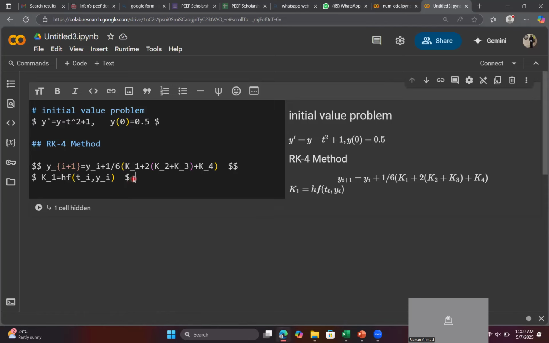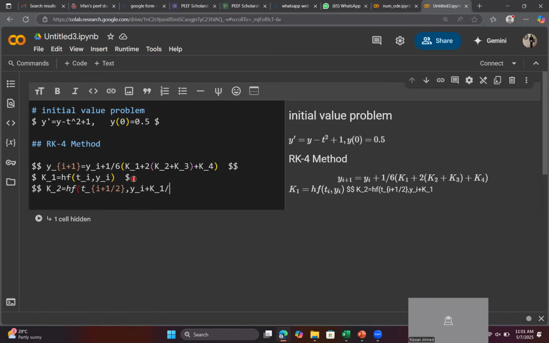Then the next k is calculated as k2, and this is a calculation at half step, whereas the y value at half step is estimated. So it is t i plus 1 by 2, and y i at the midpoint is estimated as y i plus k1 by 2.